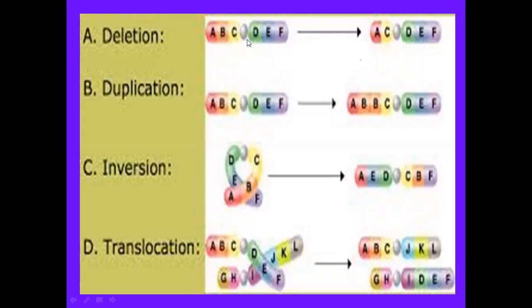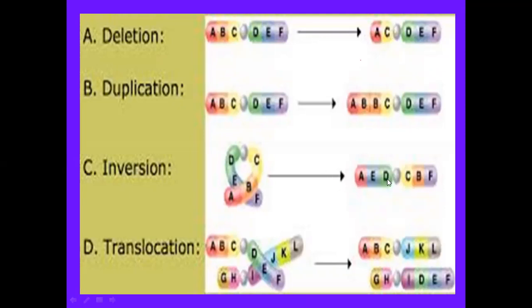While studying deletion, D is deleted here. See here, only A and C are shown. So this is deletion. Duplication, here gene B is duplicated. A, B, B, C. So B is duplicated. So this is duplication. Due to 180-degree twisting, here inversion occurs.